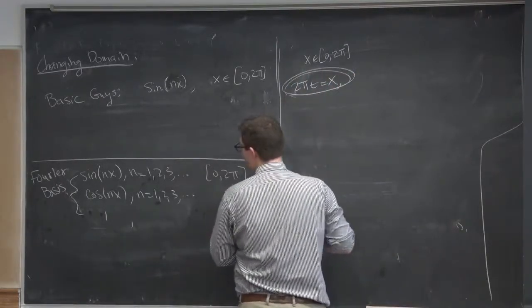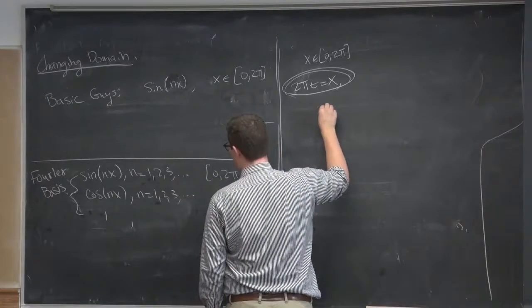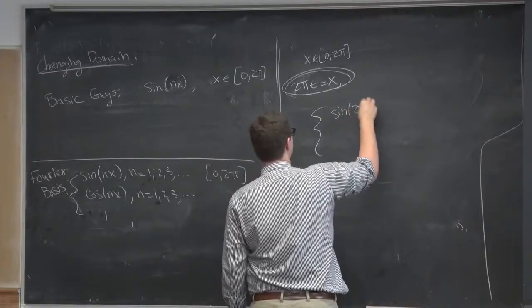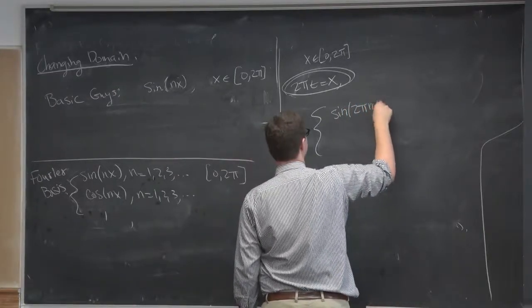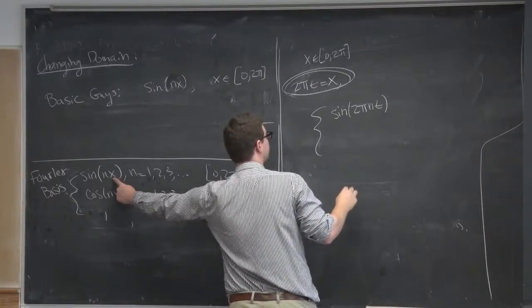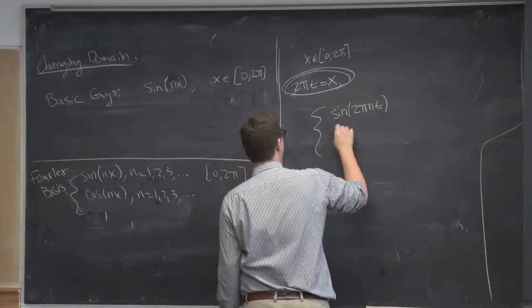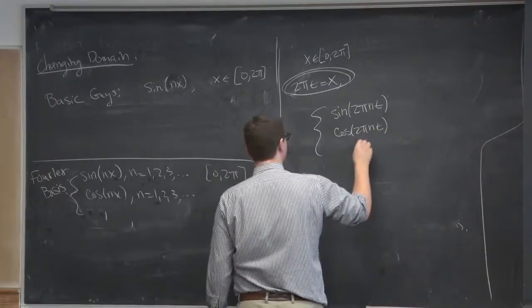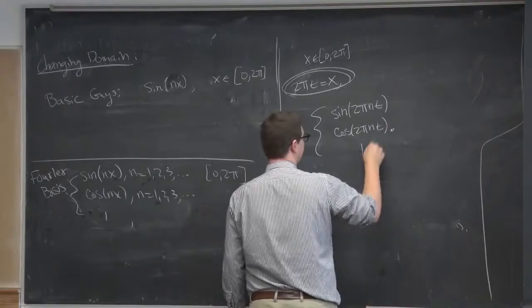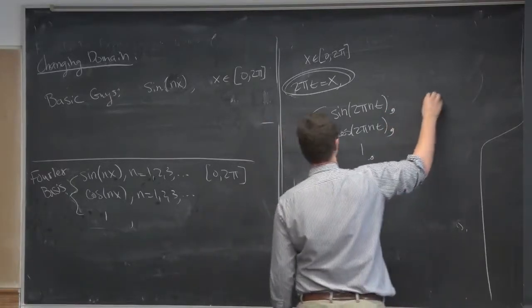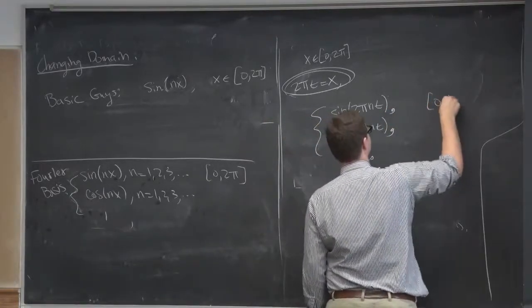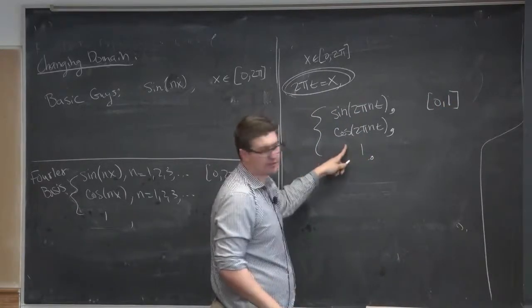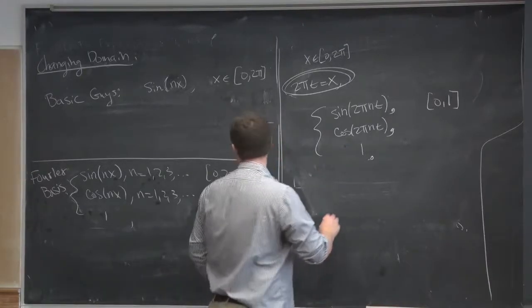Then we get a new thing: sine of 2 pi nt, where I just plugged in x, and cosine 2 pi nt, and then the constant function 1. This is the interval 0 to 1. So you rescale these to get this. So this is the Fourier basis.